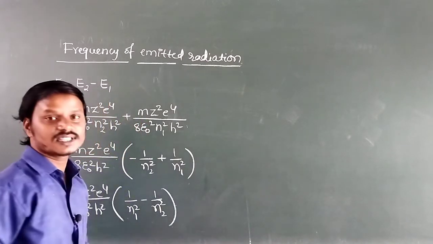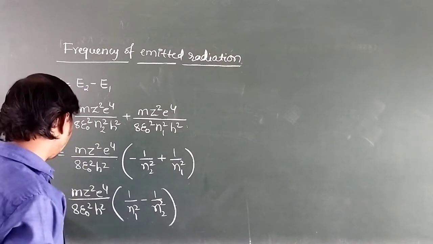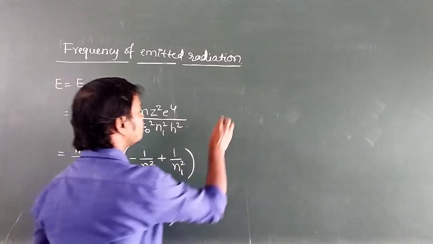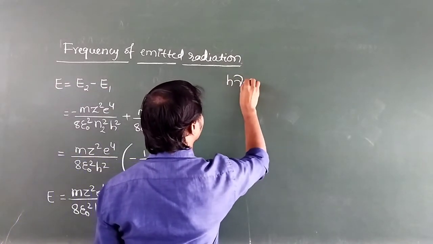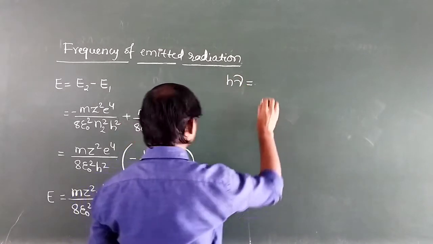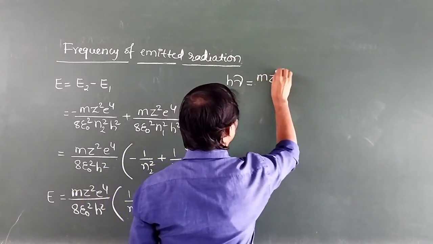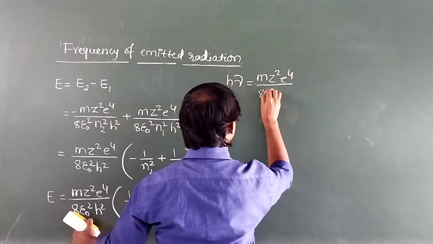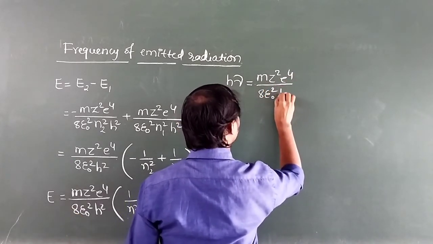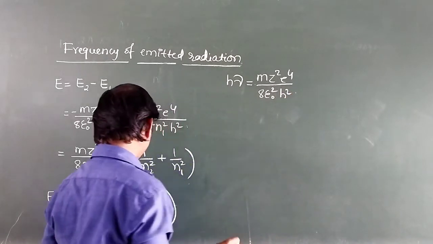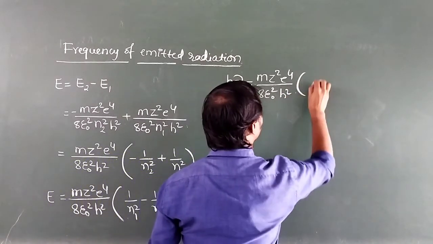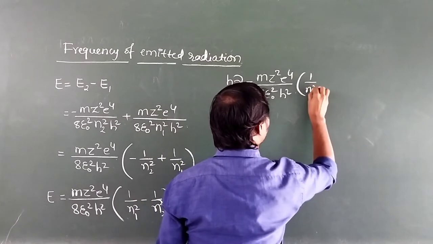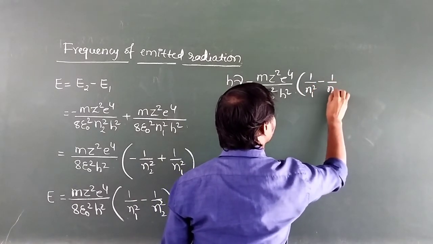Now what is the frequency of the spectral line? Now E can be written as h into nu. That is equal to m z square e to the power of 4 divided by 8 epsilon naught square into h square into 1 by n1 square minus 1 by n2 square.